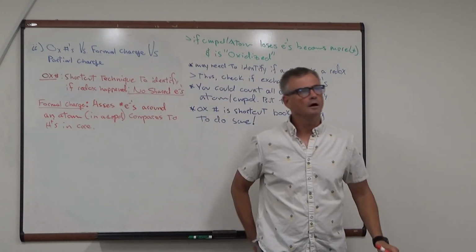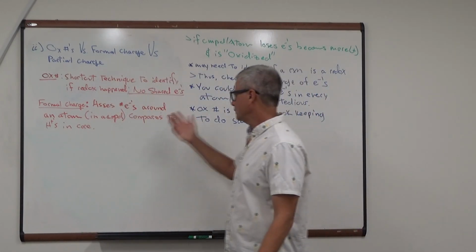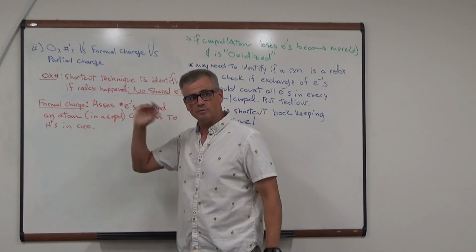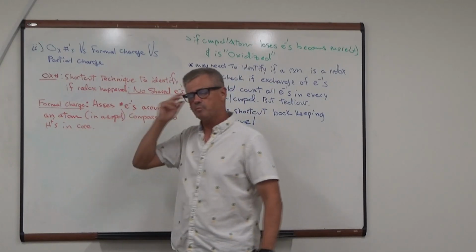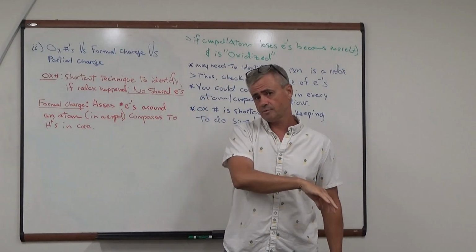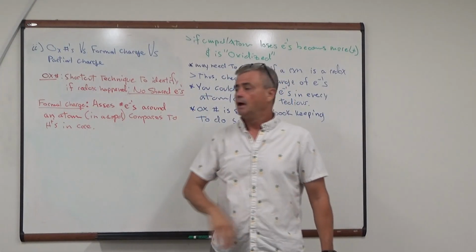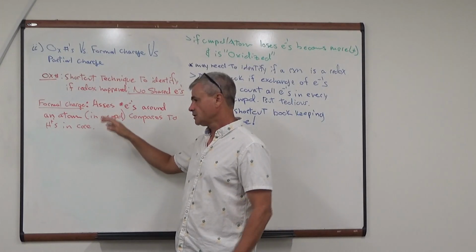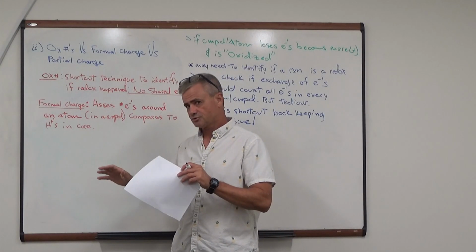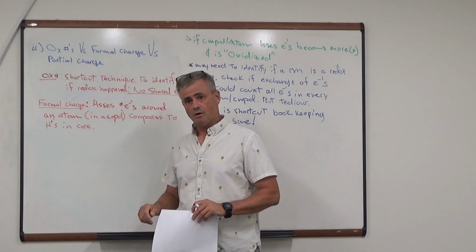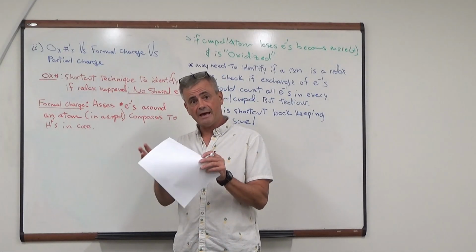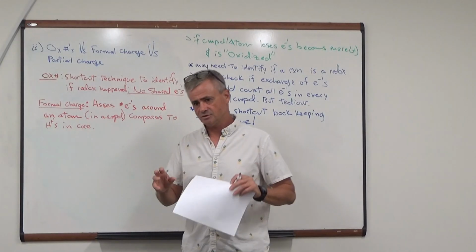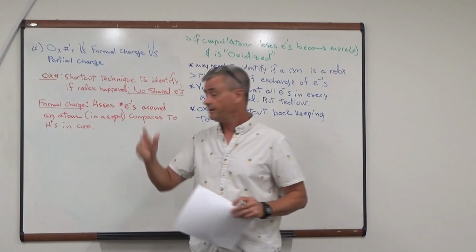You know, for instance, when I taught formal charge, I may not have made that point that you're comparing it to the number of protons in the core. I usually teach it that you're looking at the number of electrons, looking at shared bonds, and you're looking at the electrons that are near that atom. And I use a special definition of near: half the bonds and all the lone pairs.